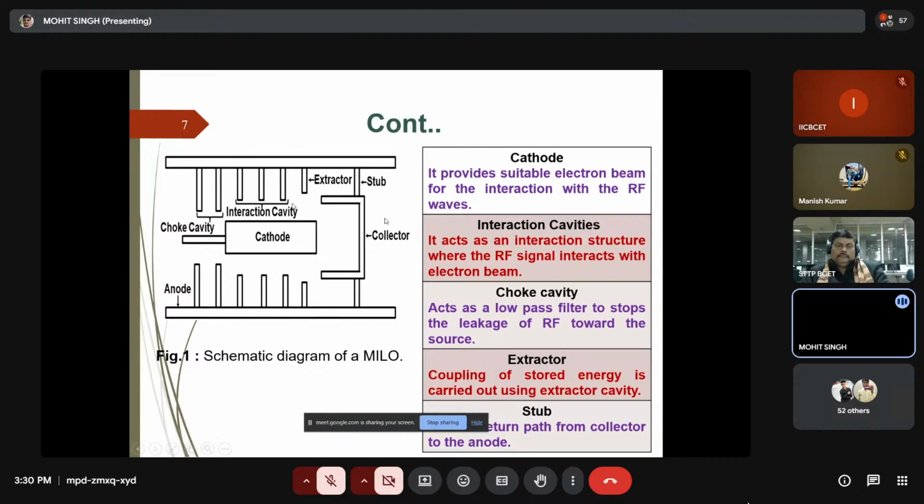And why are these discs called slow wave discs, the slow wave structure? Because they are reducing the phase velocity. How are they reducing it? The wave has to travel in a zigzag direction. It is not moving straight, there is now an obstacle.